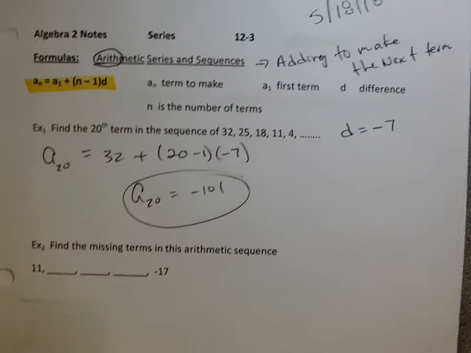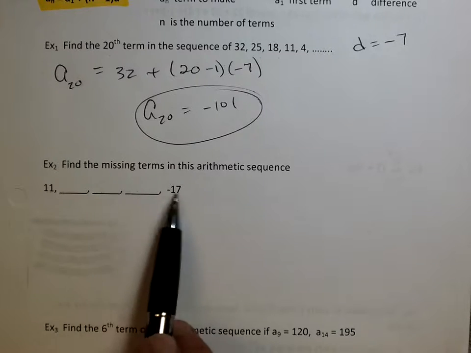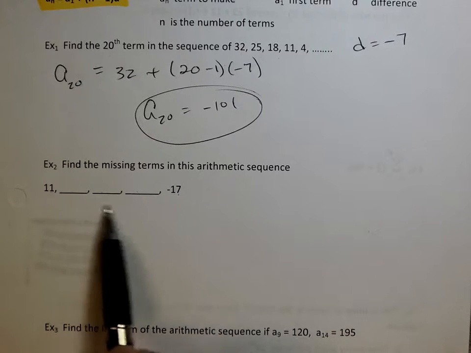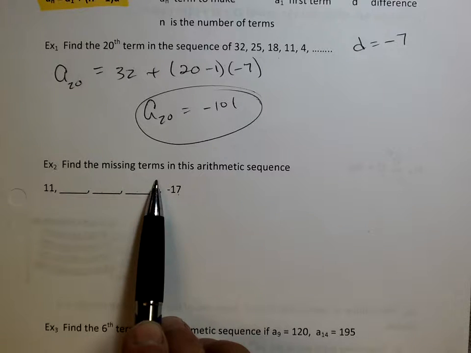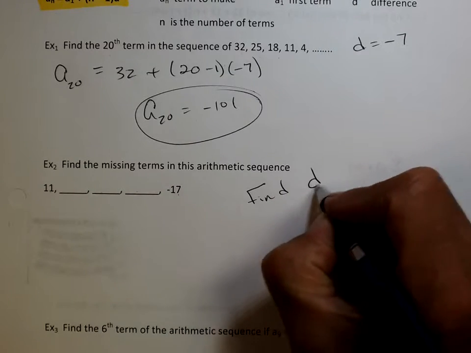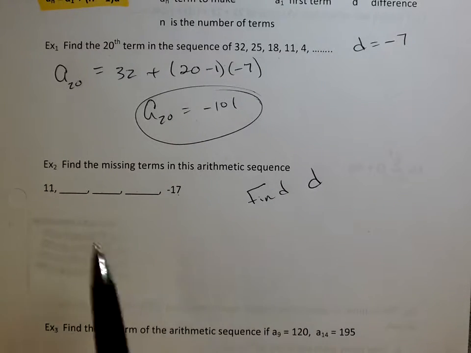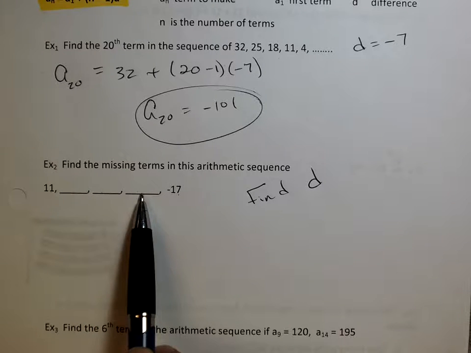Okay, example 2. There's going to be 1, 2, 3, 4, 5 terms, but I don't know the second, third, or fourth. So what I'm going to try and do is find D. If I figure out what D is, then I can go through and make the next term, make the next term, make the next term, right?